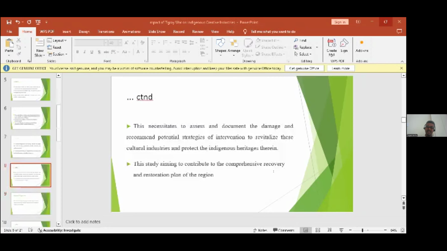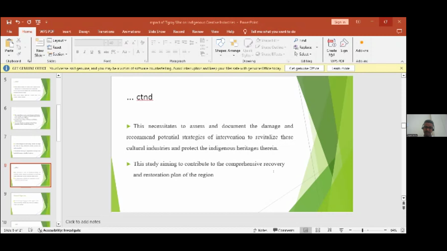This necessitates assessing and documenting the damage and recommending potential strategies of intervention to revitalize these industries that are practiced within our communities. By doing so, we protect the indigenous heritages embedded within these cultural products.